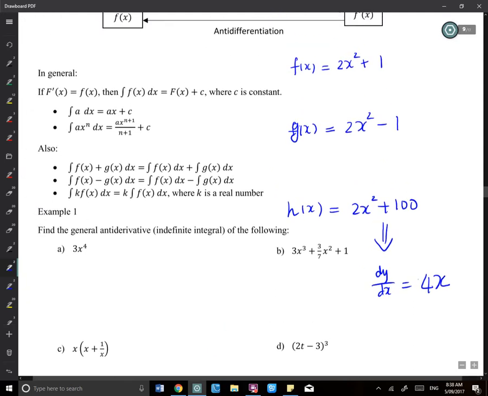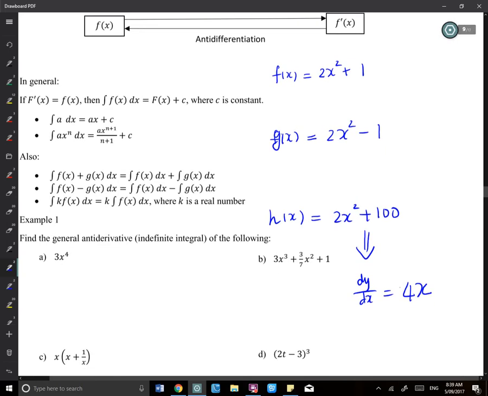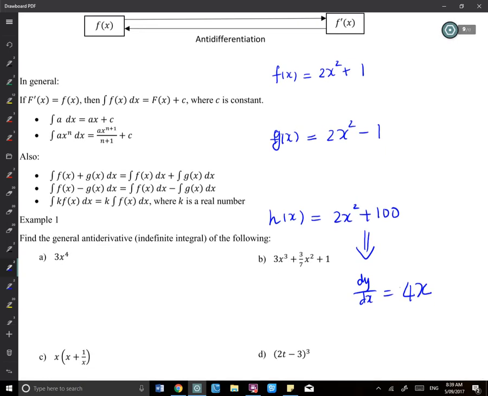So what is anti-differentiation? Anti-differentiation is using the gradient function to find your original function. Now, according to what we wrote, if you do a reverse action on 4x, which one will you get? You come from 3 functions, all going to the same gradient function. When the same gradient function goes back in reverse, which one will you get?